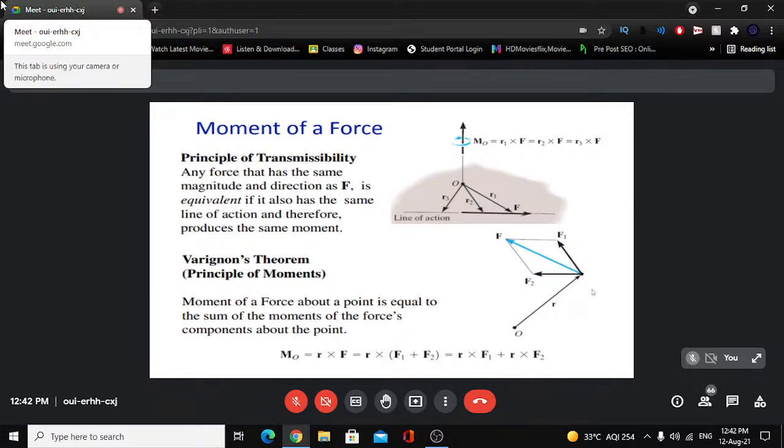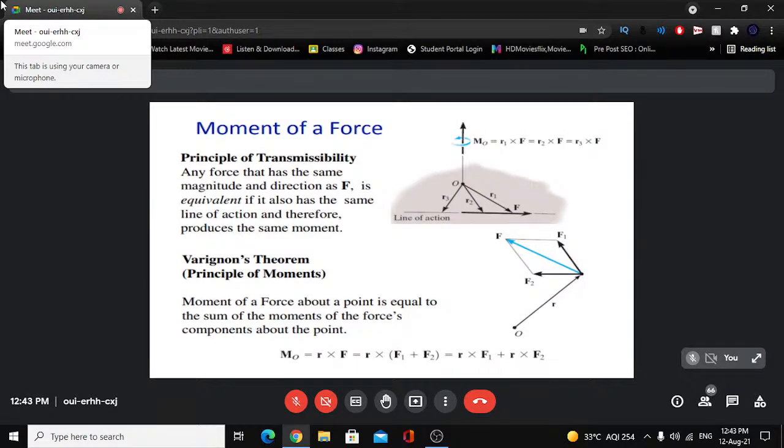What are F1 and F2? F1 and F2 are the components of this vector F, obtained using the parallelogram law. So we get the components of F along given directions.